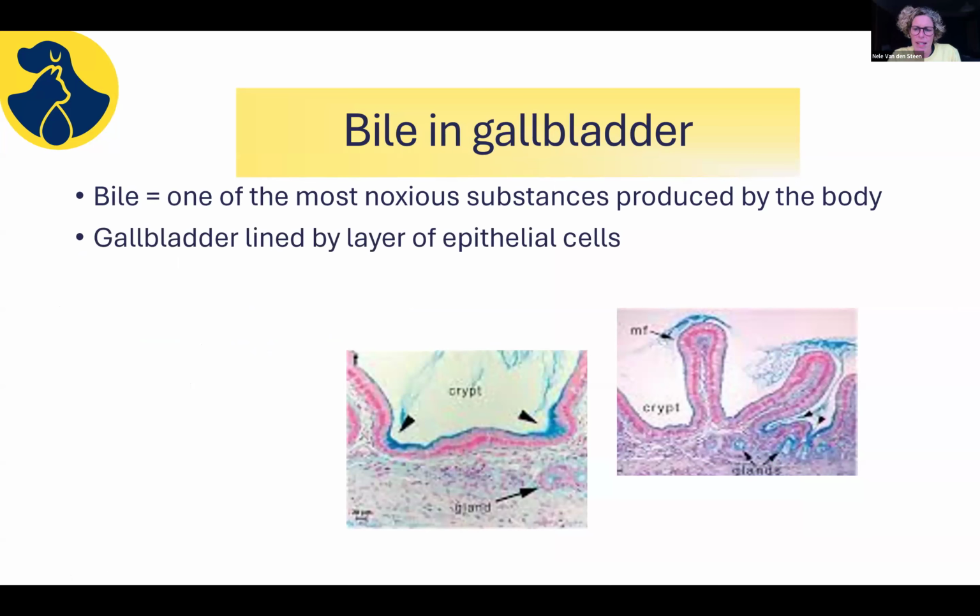So the gallbladder is lined by a layer of epithelium, and that epithelium produces mucus to act as a barrier, and bicarbonate in there, to stop those bile salts getting in touch with the tissue and therefore digesting it. Normally this layer of mucus is quite thin. On histology, this is the blue layer that you can see, but it's quite a thin layer if you compare it with how small these cells are.